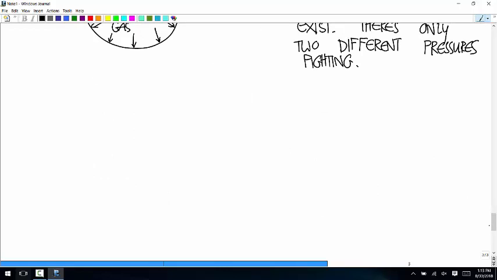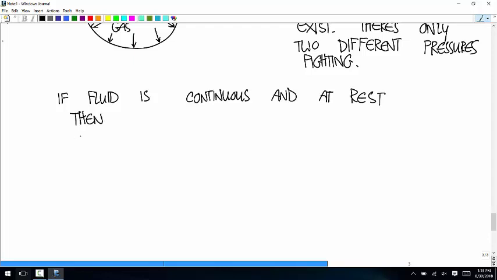So what's going to be useful to us, now this is our first calculation, our first tool for calculations. If a fluid is continuous and at rest, then, let me draw a picture of this.